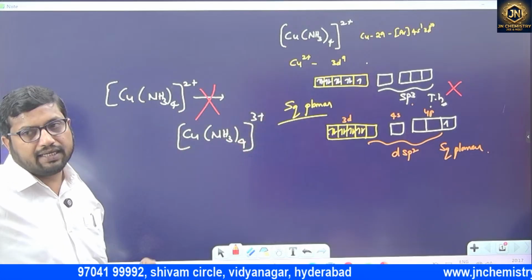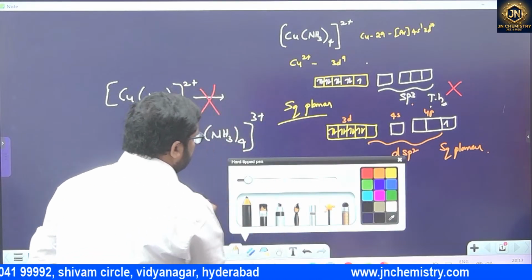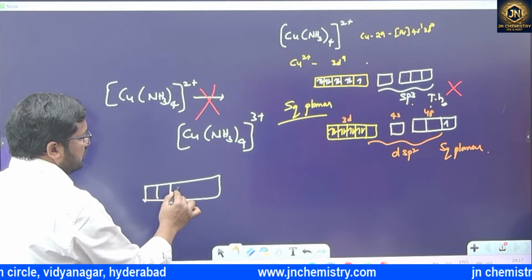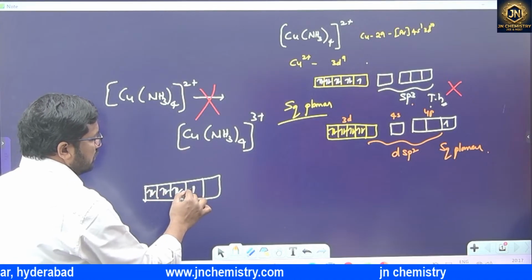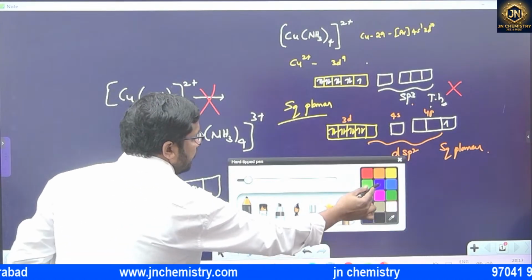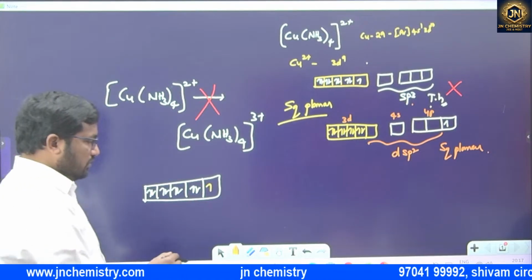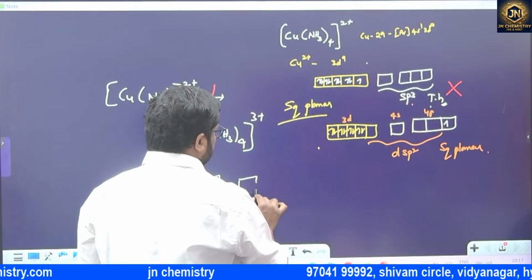But the problem is with that electron. So next, what he did, he told, electron is here only. At 3d only. 3d only. But the hybridization is going like this. He explained.